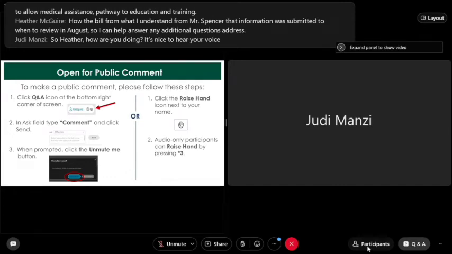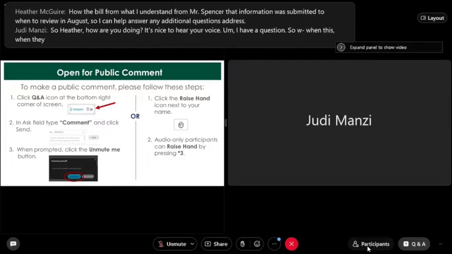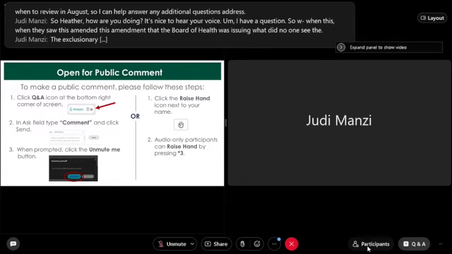I have a question. So when they saw this amendment that the Board of Health was issuing, did no one see the exclusionary language in it?